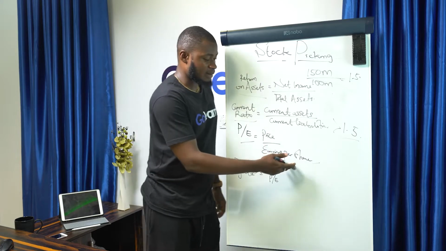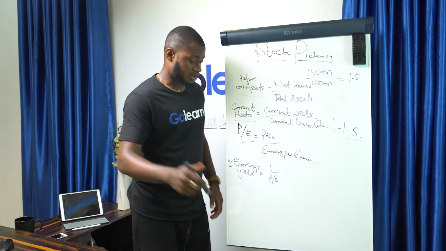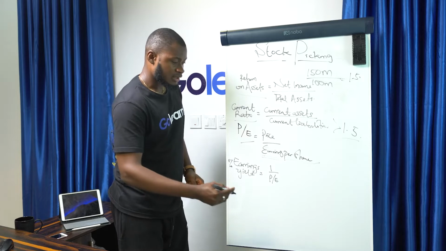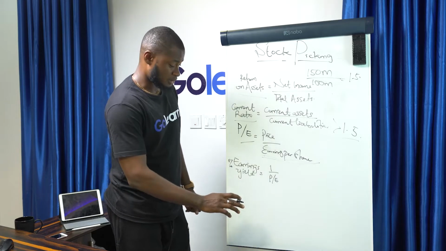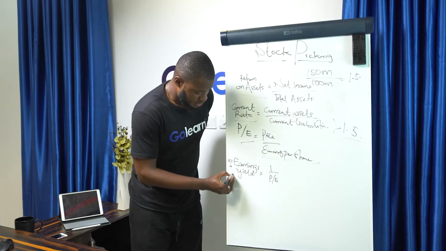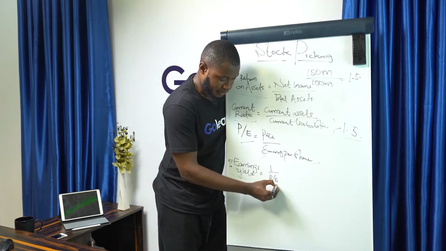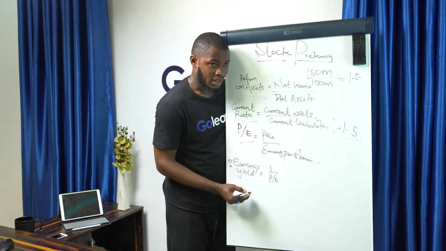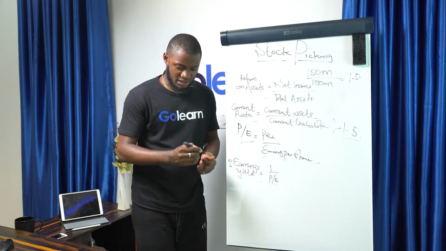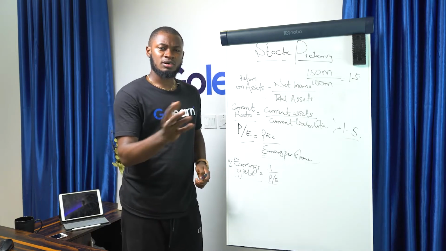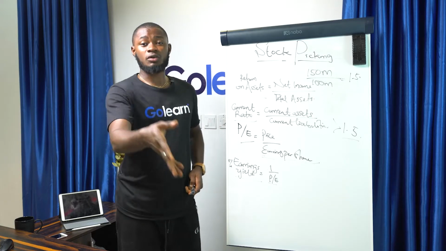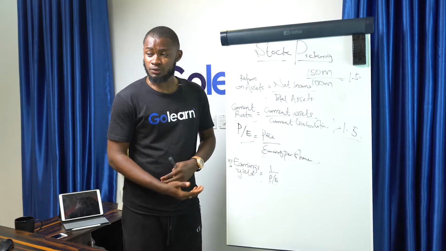Now the earnings per share can be gotten in the financial statement of the company. So this is how you would know an undervalued company. Watch. The earnings yield is 1 divided by the price to earnings ratio. Now, the earnings yield gives us a rough ROI on the company, the expected return on the company.